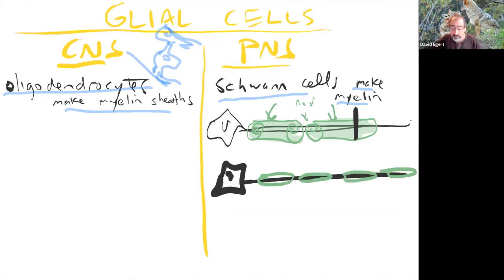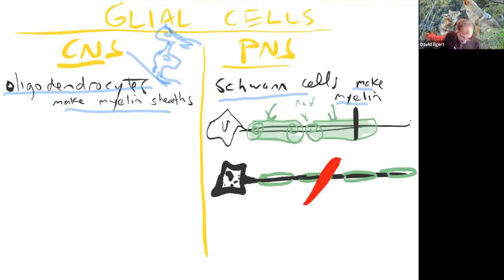Maybe this axon is part of your ulnar nerve on your arm, and you just got some blunt force trauma, and it's like whack. Oh my God, I just severed this thing. So what happens is, the neuron here is still alive. The axon up to that point is still connected to its metabolic support, but everything downstream is disconnected.